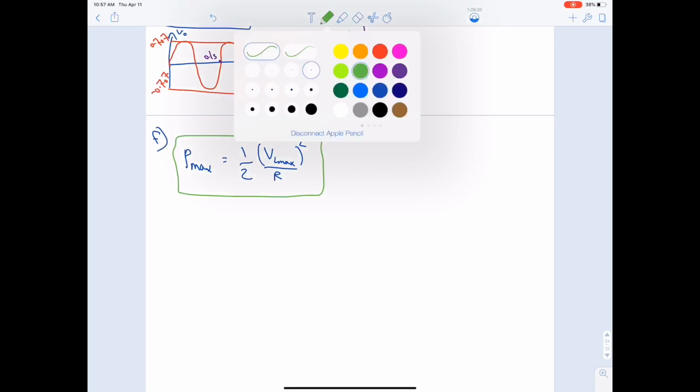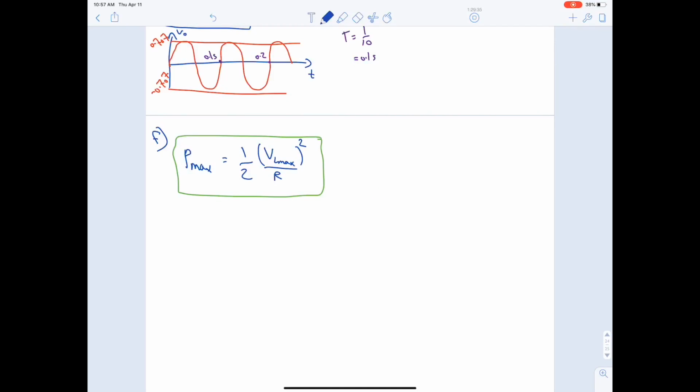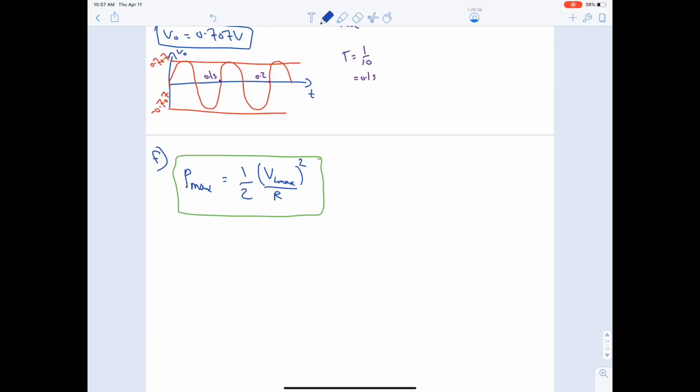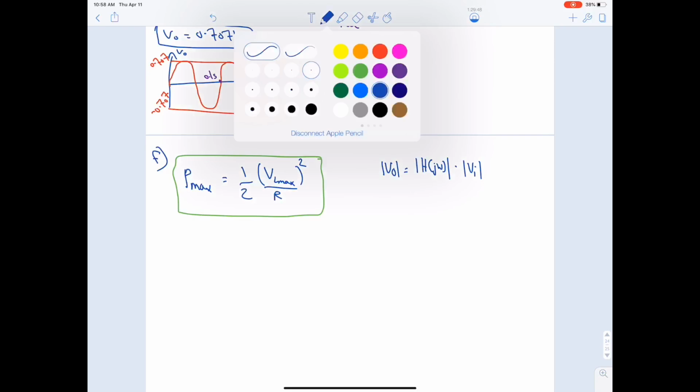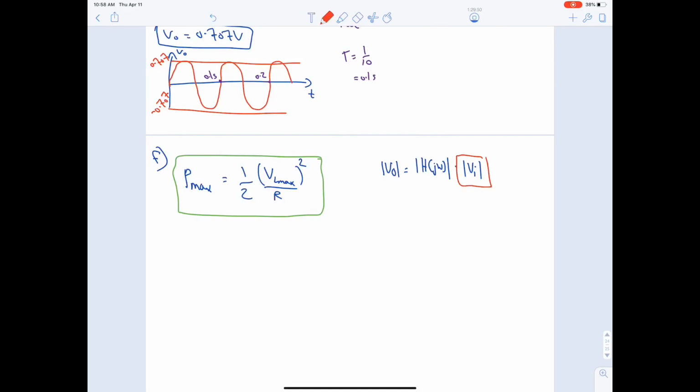Okay, how can we find the maximum V output? We said V output is equal to the magnitude multiplied by V input. We said V input was fixed at 1. Okay, we need the maximum V output, so we need the maximum magnitude.